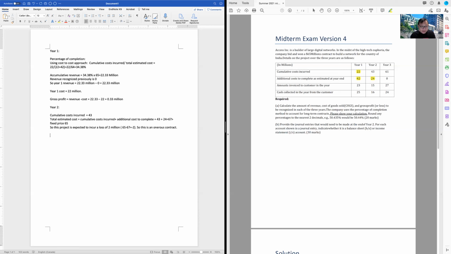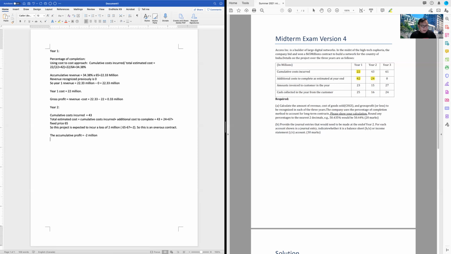So that means the profit, right? The cumulative profit at the end of year 2 has to be negative 2 million, right? Because the accumulation of the profit up to this point is what you should recognize as 100% of the onerous contract loss.